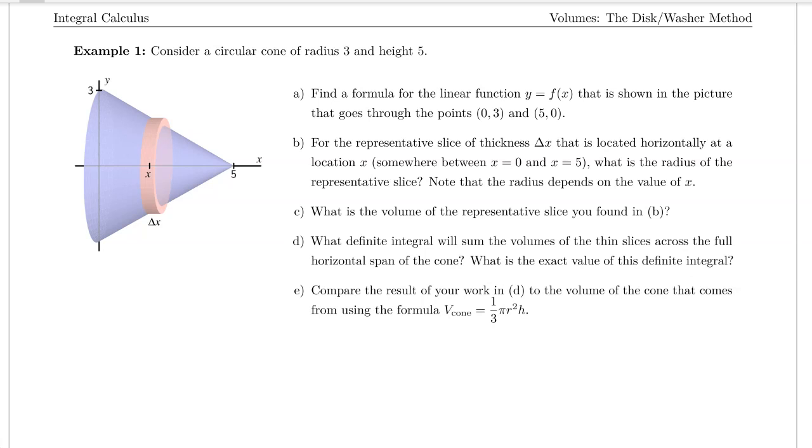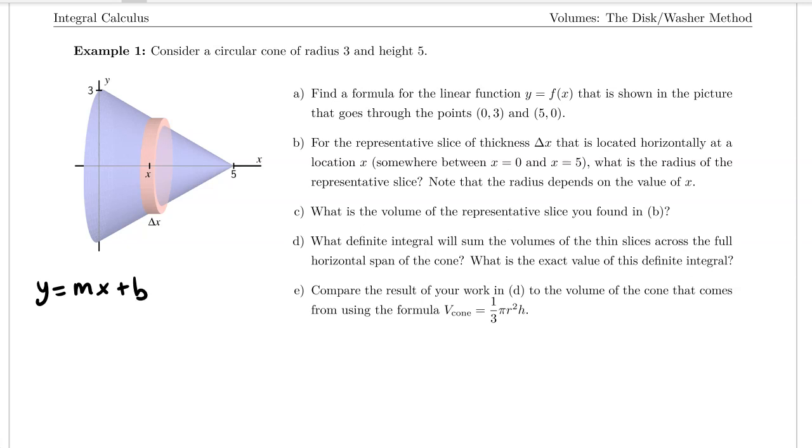So this is talking about this linear function here, and I want an equation for that line, and we know that we can write a line in the form y equals mx plus b, where m is the slope.